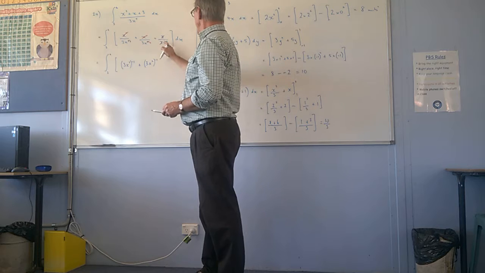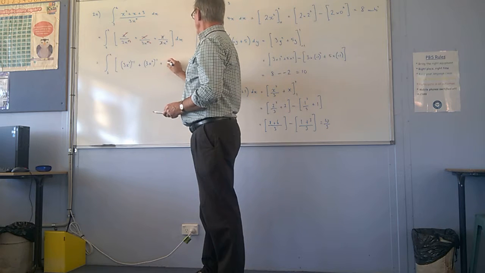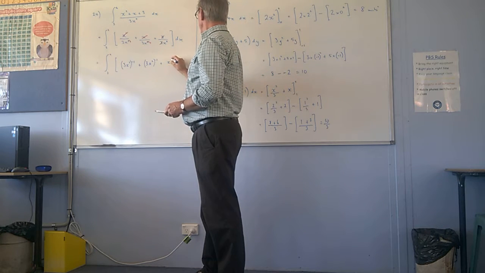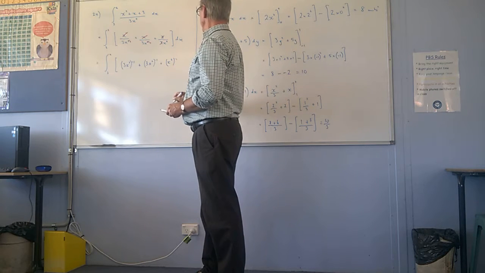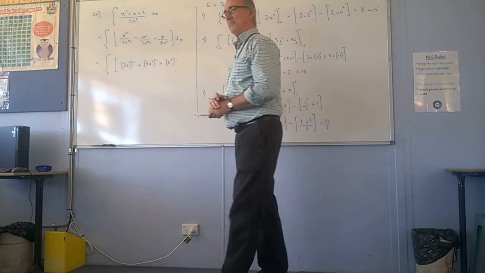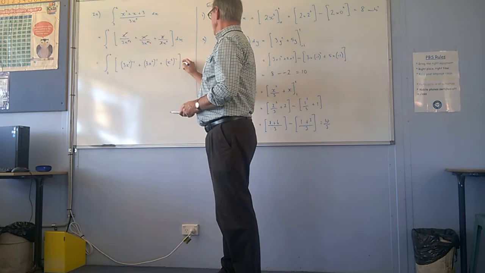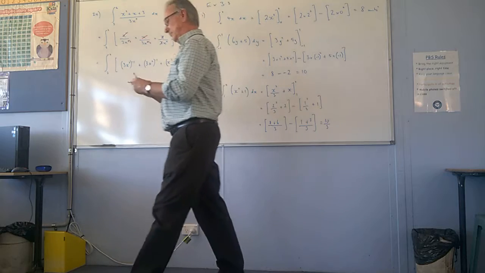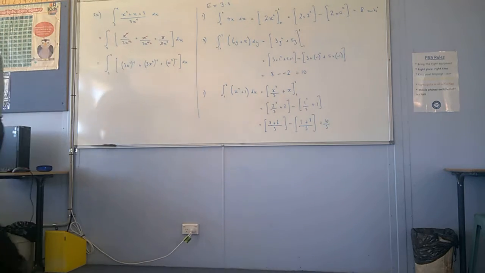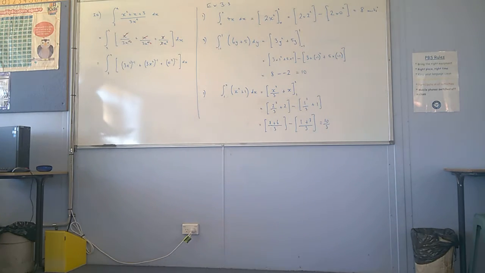This is going to be 1 over x to the 5, so it's x to the 5 to the minus 1. In other words, x to the minus 5.